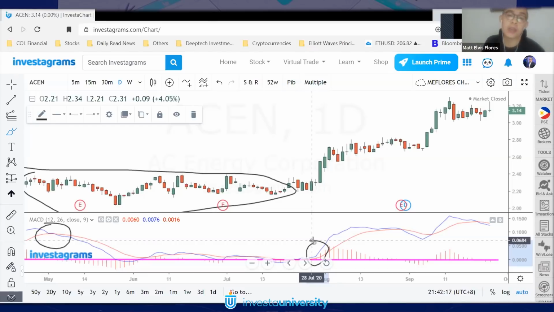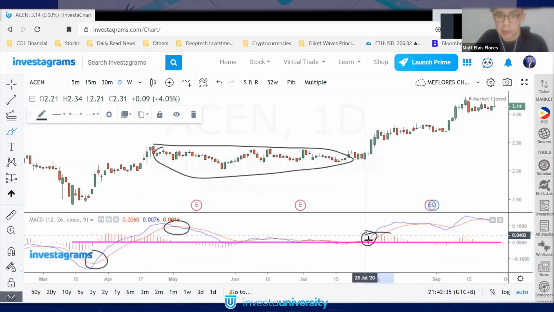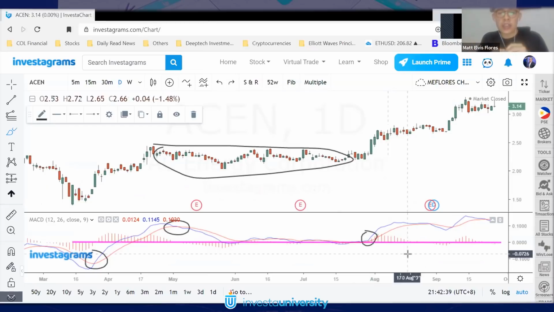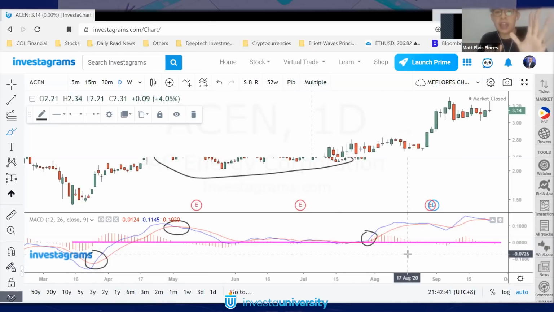And ito yung sinasabi kanina, ito yung importance ng histograms, di ba? Importance ng histograms is for you to identify the strength. Kasi the more na mas nakabuka siya, the more na naka-expand siya, the more na yung histograms mo, yung bar level mo, which is here, nag-expand din. Di ba? Kita mo? Once nag-expand yung MACD line mo, yung histograms mo is nag-expand din.